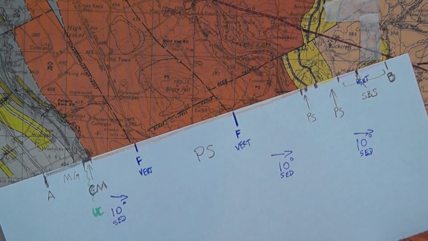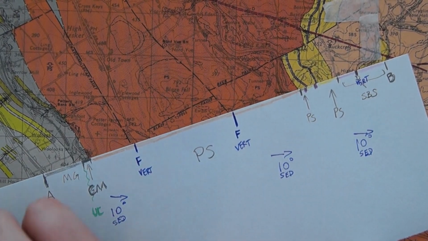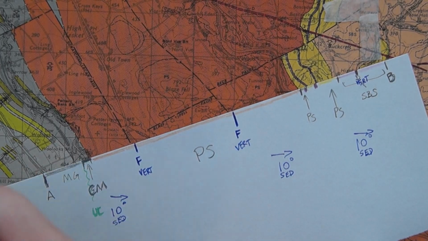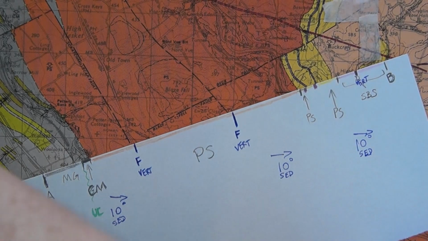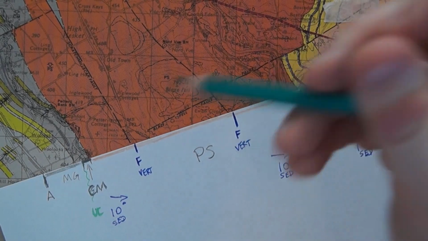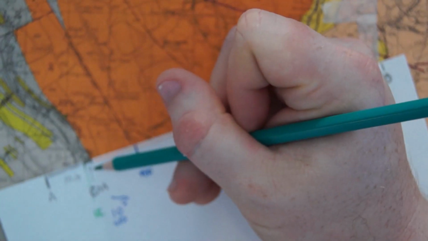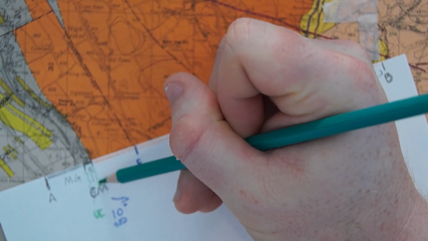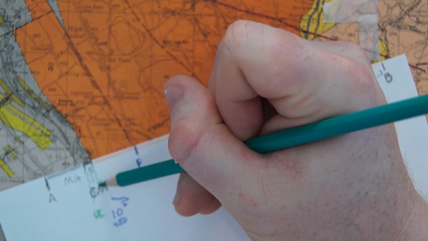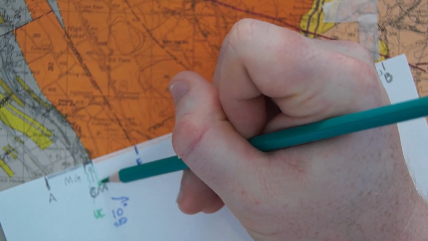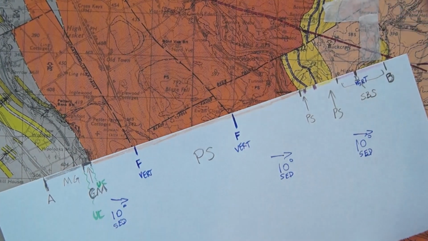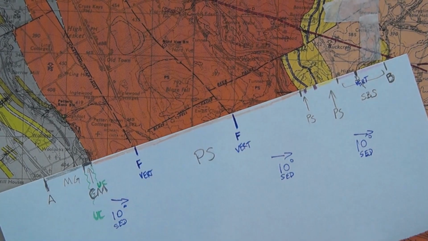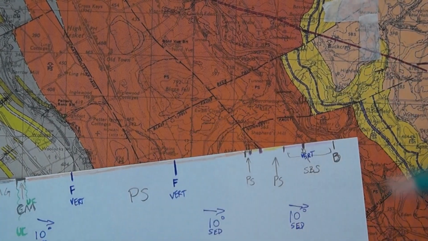And between our Millstone Grit and our Penrith Sandstone there's another unconformity, and between the Coal Measures and the Penrith Sandstone there's another unconformity. It's a special kind of unconformity, I guess. This is probably a paraconformity, where there's a gap in geological time, but there isn't an angular difference between the dip of the beds. They're all still dipping in the same way. There are just gaps in between them.